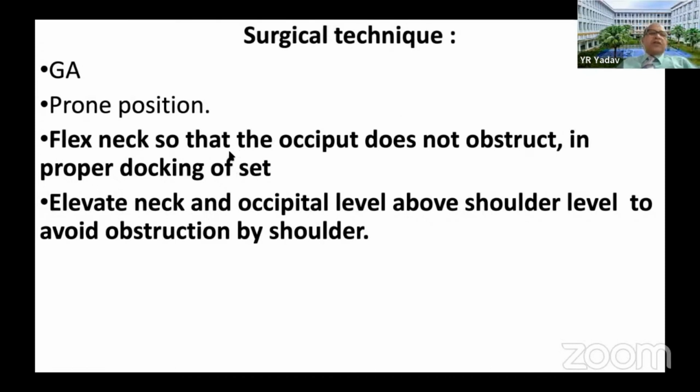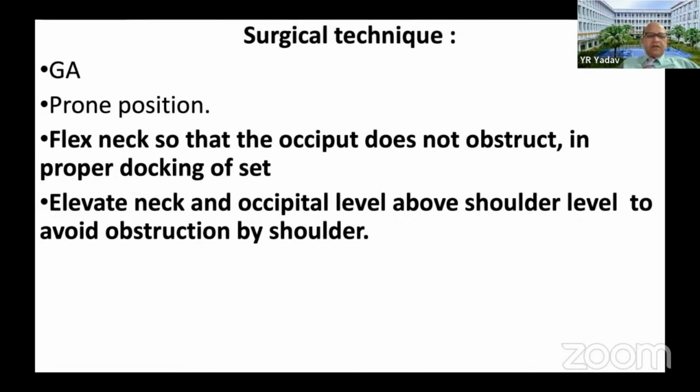So make sure that neither the occiput nor the shoulder region, or the area in between the two shoulders, comes in your way while you are angulating your tubular retractor.